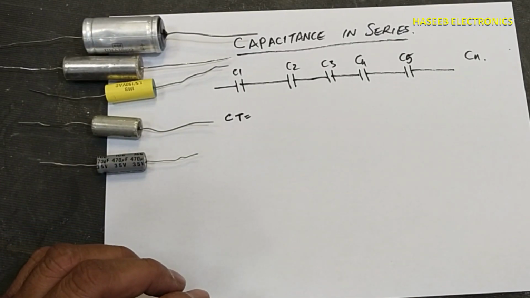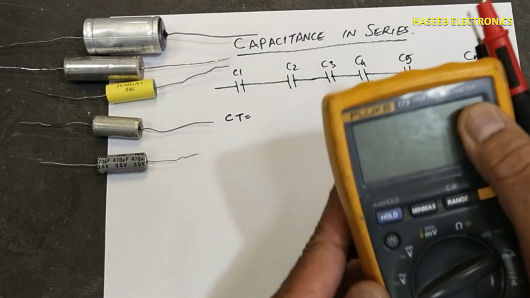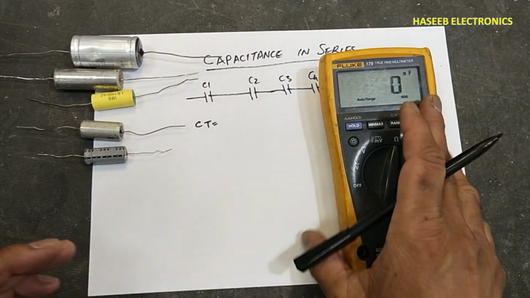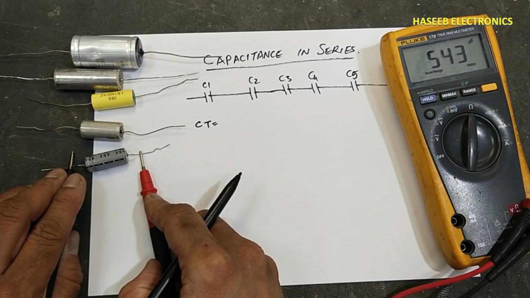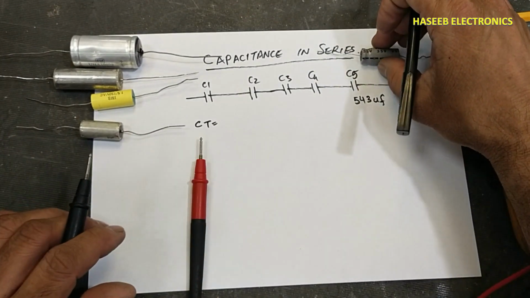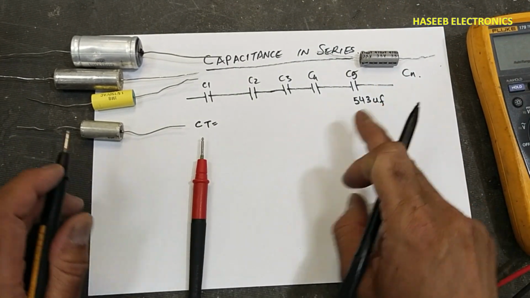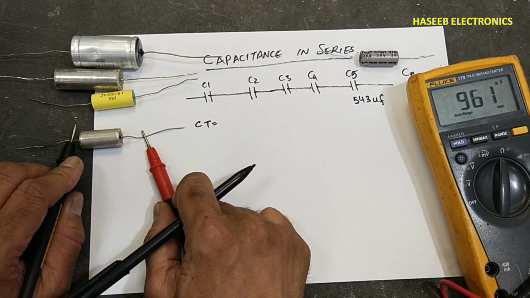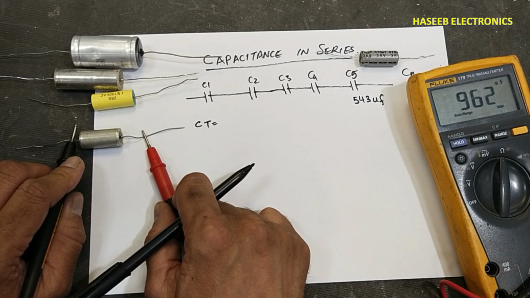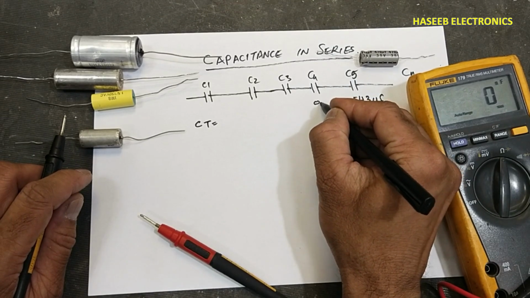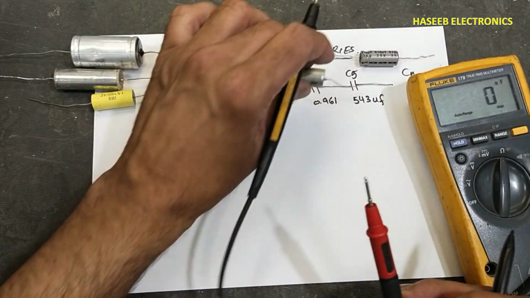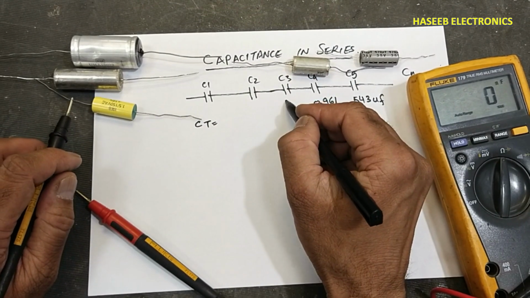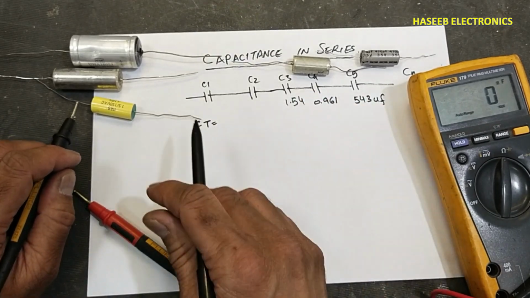Let's check the exact value so that we can find the exact capacitor value. 543 microfarad. We must use the same unit. If it is in microfarad, we will use microfarads. 961 nanofarad, 0.961 microfarad, 1.54 microfarad.